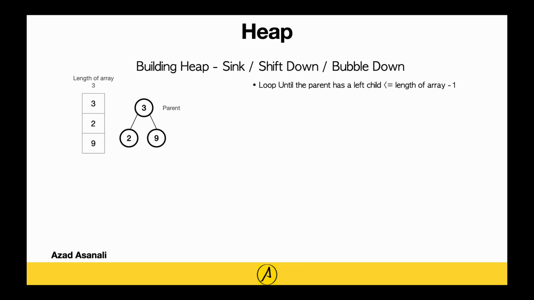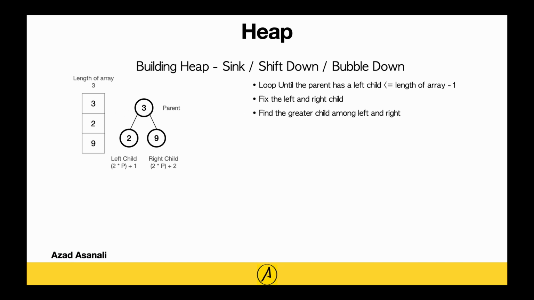Its left child is this one, its index is 1 as you see here, and it should be less than or equal to the length of the array minus 1. So 3 minus 1 is 2, so it is less than or equal to 2. That satisfies it, and then we need to find the left and right child. This is our left child 2 and the rest is our right child 9.